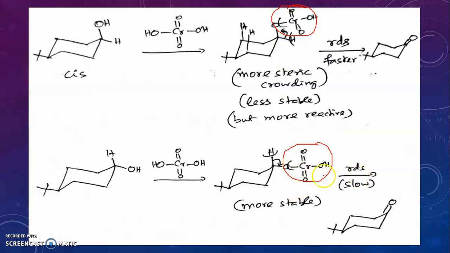Therefore, this reaction undergoes slowly. Why? Because your reactant is more stable. Whereas here, with respect to RDS, remember with respect to RDS, the reactant is less stable here, and here the reactant is more stable. If the reactant is less stable, the reaction occurs faster. If the reactant is more stable, then the reaction occurs slowly.